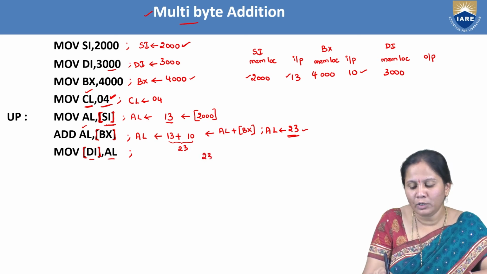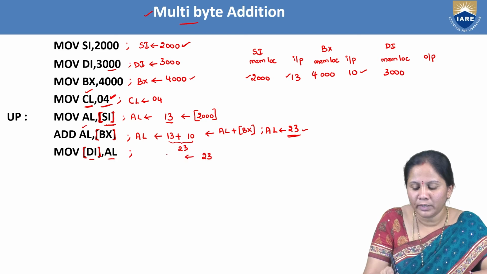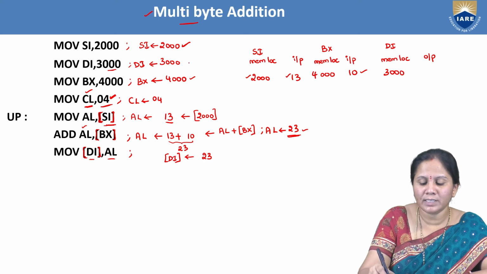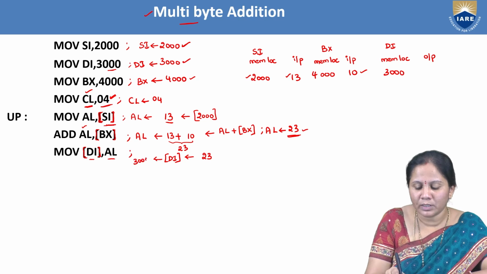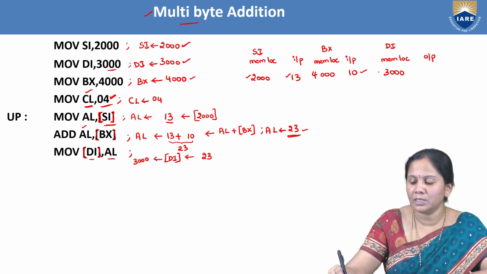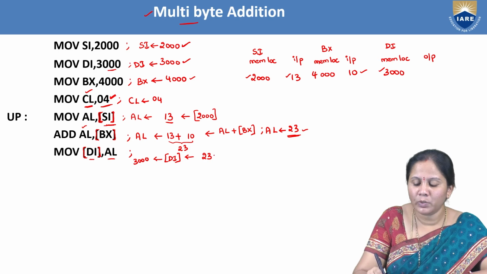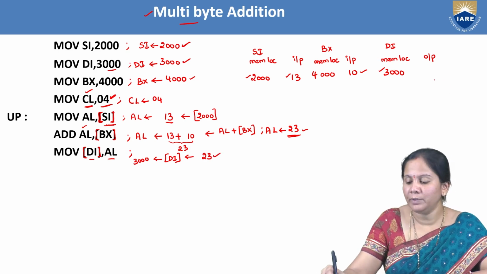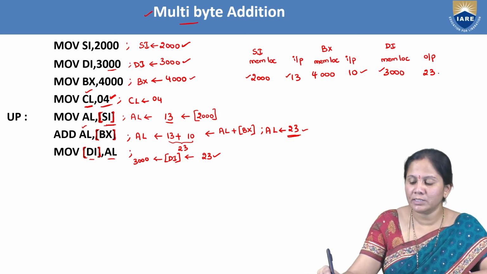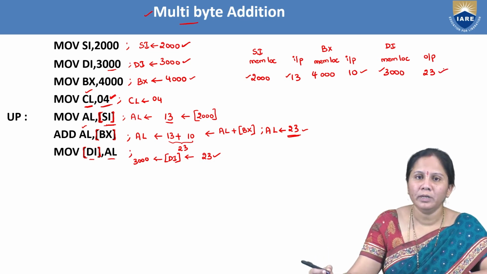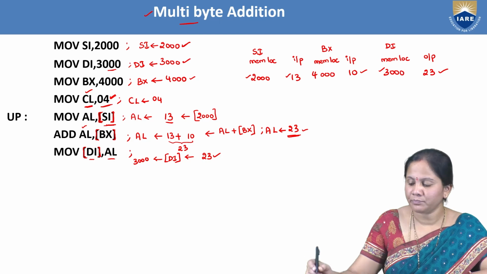So the value 23 will be moved into DI. What is DI? DI is 3000, so this value will be moved into the 3000 location. The 3000 location will hold the value 23. So this is the one input addition operation.